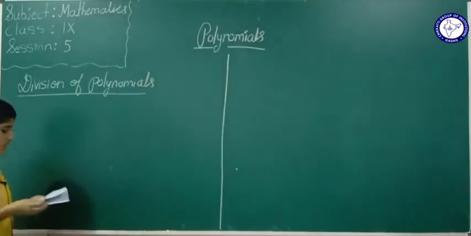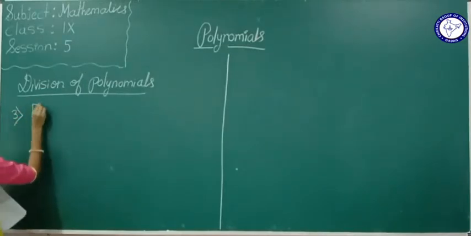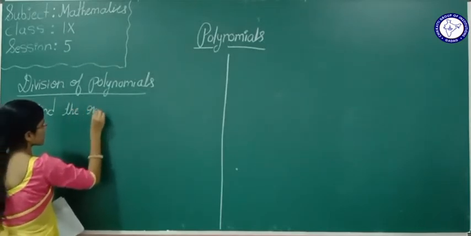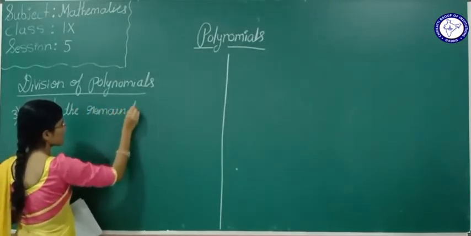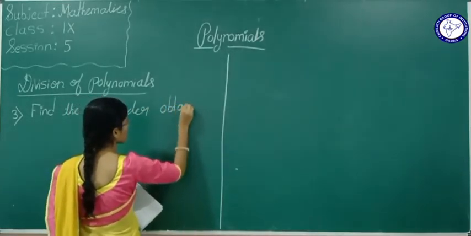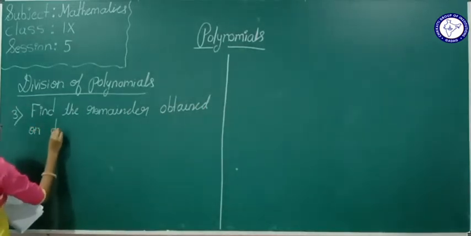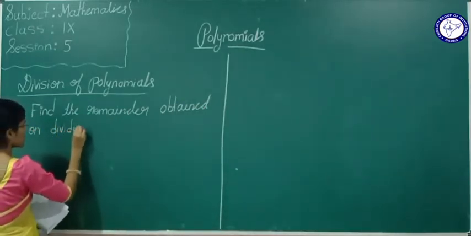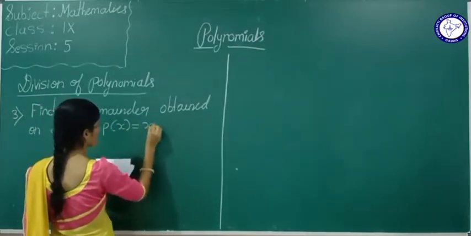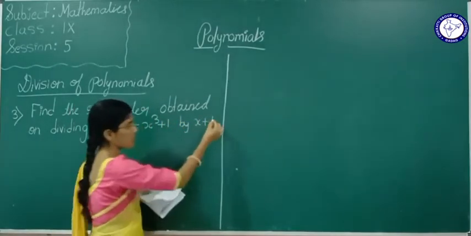So, problem number 3: find the remainder obtained on dividing p of x equals x cube plus 1 by x plus 1.